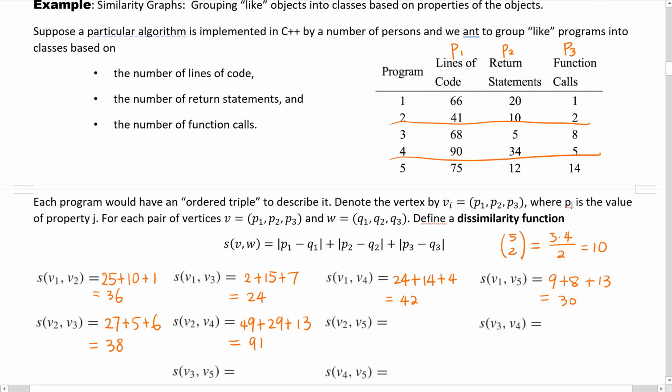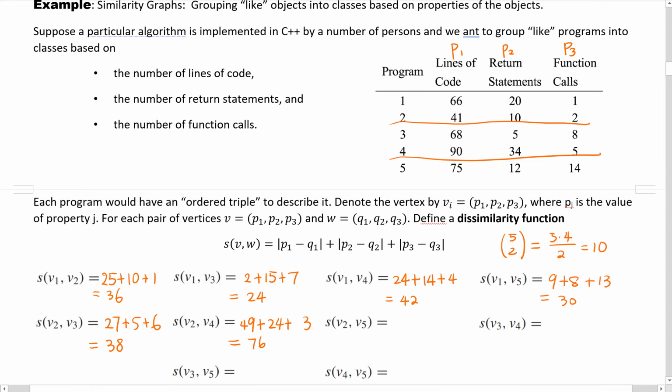Let me see. I see I made a mistake. This is 4, actually. Sorry. So this will give us 73 plus 13. Oh, I must have looked at the wrong line. This is only 3. So 73 plus 3 is 76.